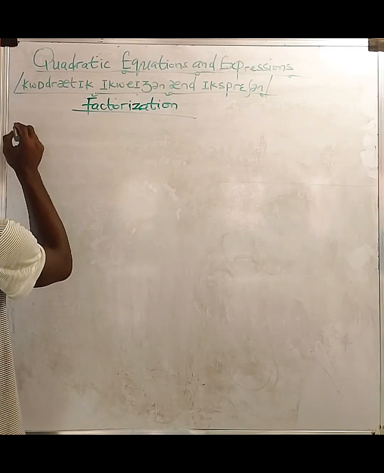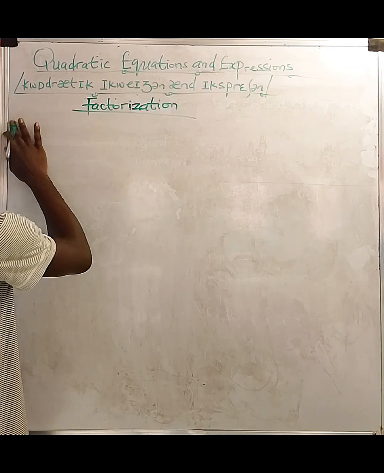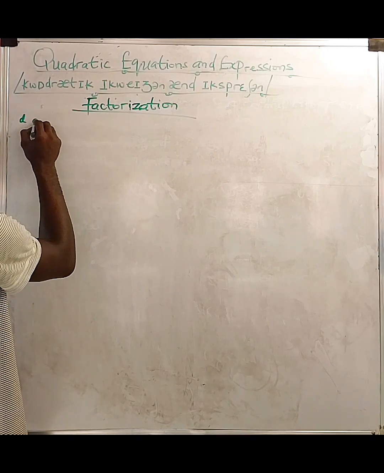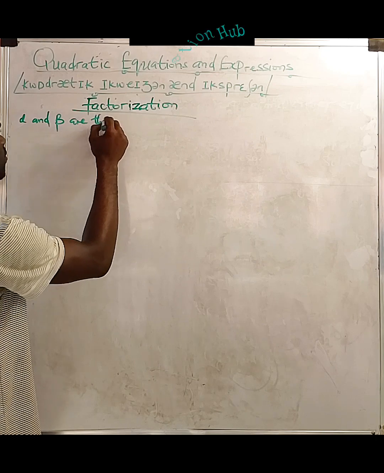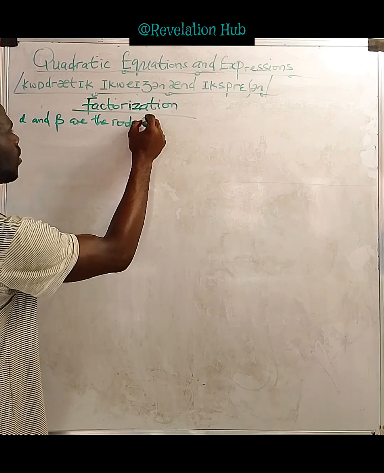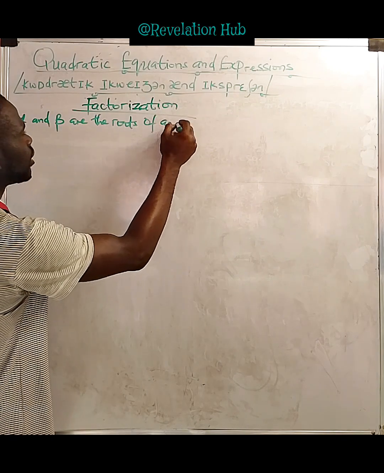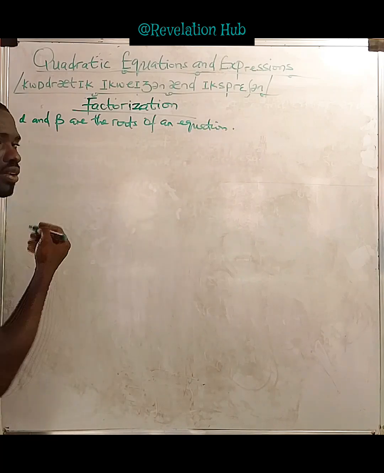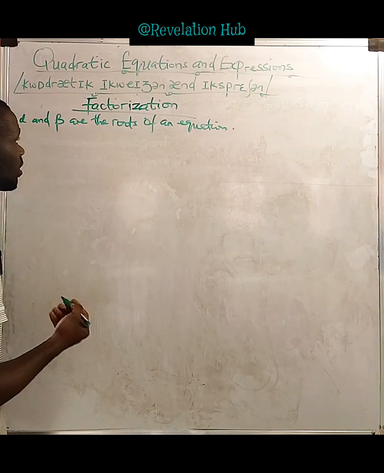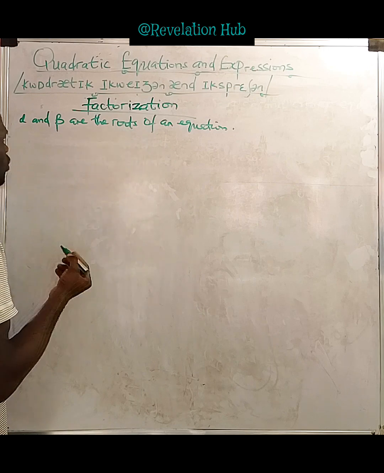So let's assume that alpha and beta are the roots of a quadratic equation. So if alpha and beta are the roots of a given quadratic equation, how do we factorize such an equation?